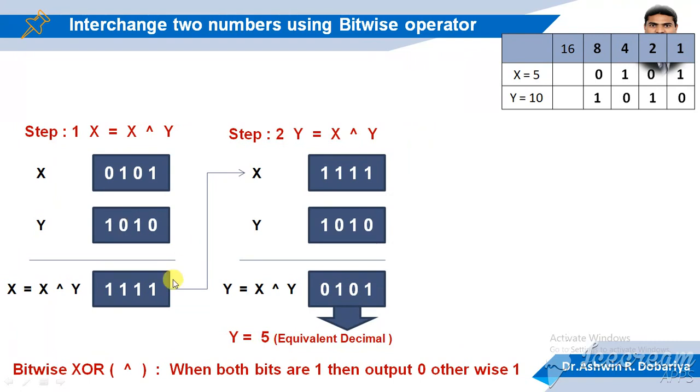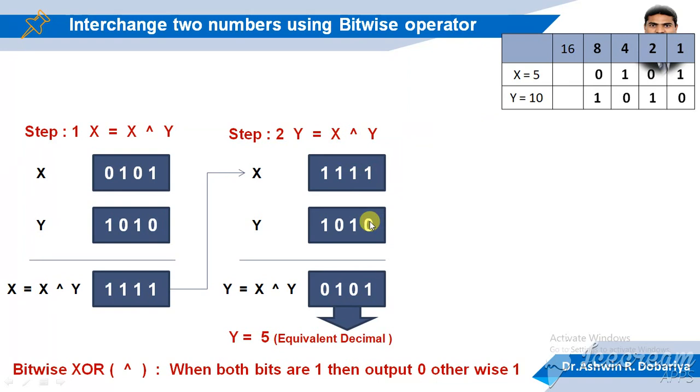Now what is the next step? The latest value of x is 1111. Y remains as it is, 1010. Now in step 2, we again perform the XOR operator on the same variables x and y, but this time we assign the output to y.